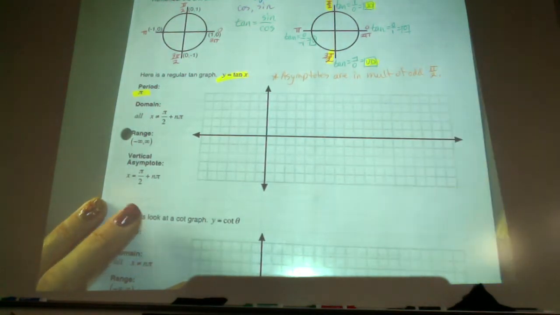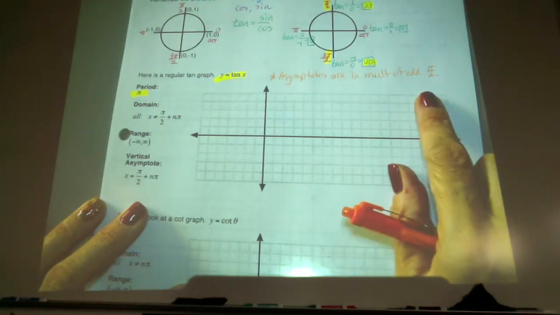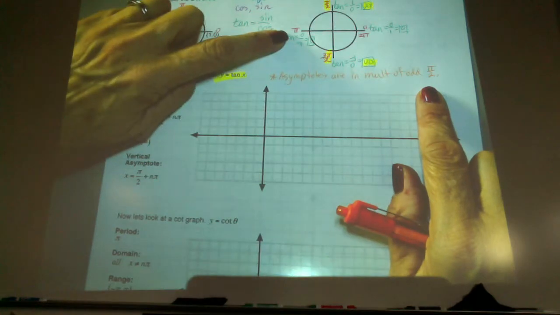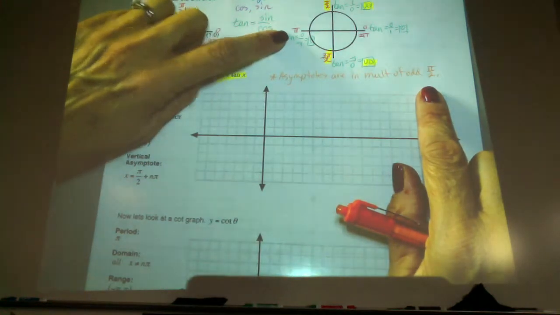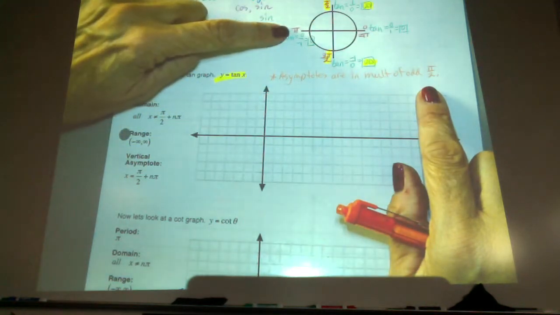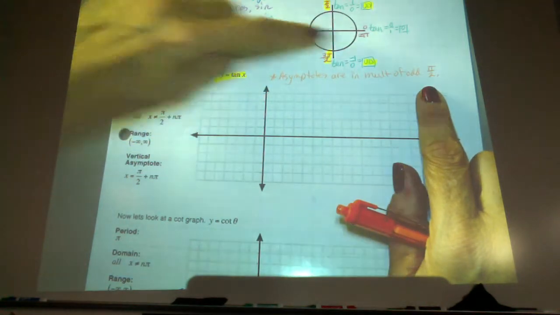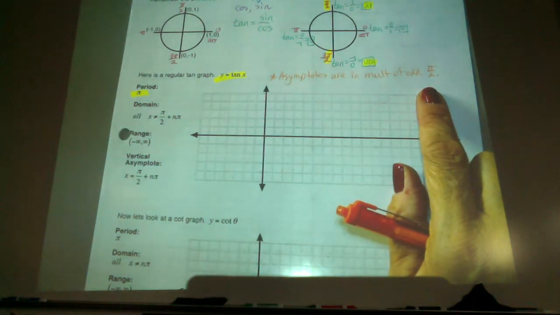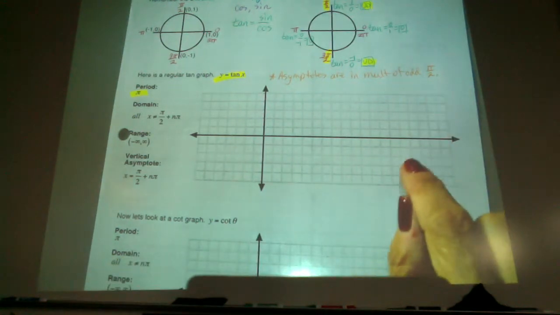And I say odd pi over 2 because if we have an even pi over 2, like 2 pi over 2, doesn't that mean pi? 4 pi over 2, would that be 2 pi? And we know that at nice perfect pi's, the value of tangent is 0. So it has to be an odd, like 5 pi over 2, 13 pi over 2. All of those are going to have asymptotes.